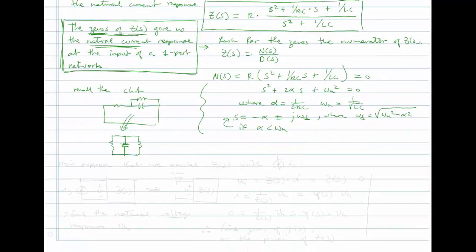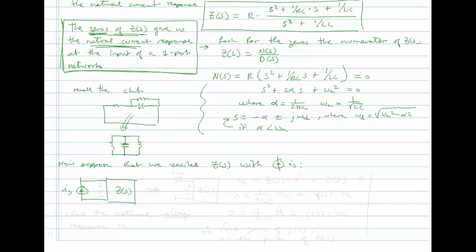Now suppose, on the other hand, that we forced, or that we excited Z of S, our one port, with a current source, IS. Alright, so that's the other scenario. We have two different cases here. When you've got a one port and you're going to connect some external excitation, you're either going to connect the voltage source or a current source.